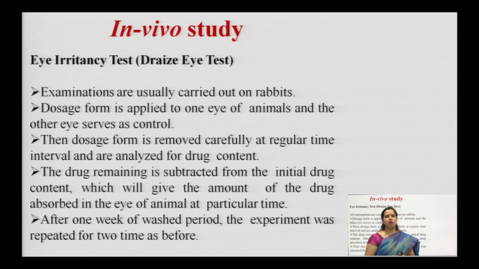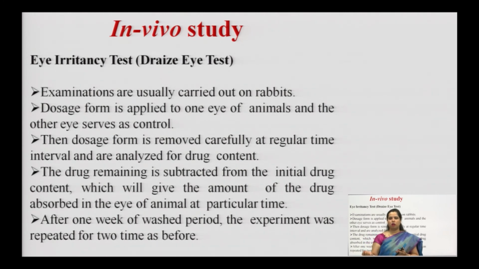The remaining drug is subtracted from the initial drug content, which gives the amount of drug absorbed in the eye at a particular time, or otherwise we can check how much drug is present in the sample after termination of the therapy in the animals.